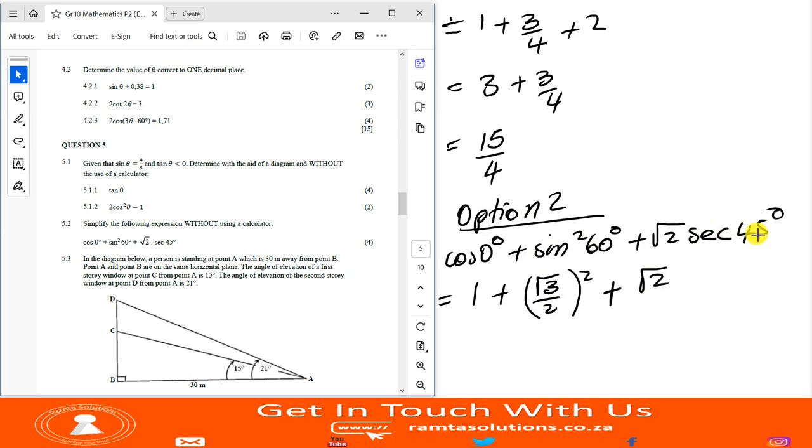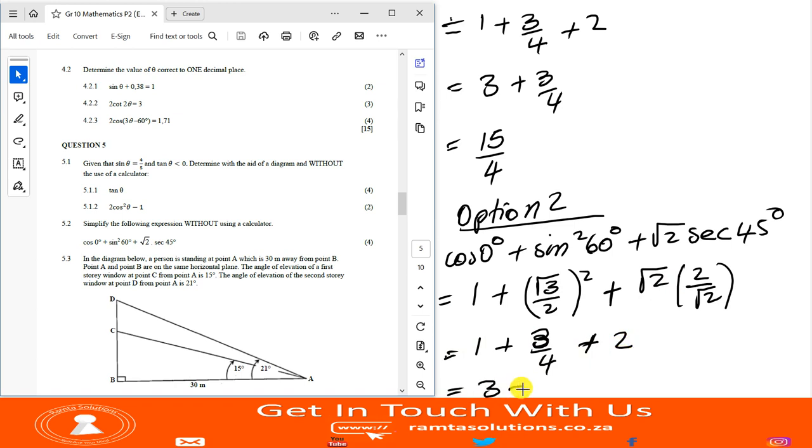Sec is the reciprocal of cos. So this will be 2 over root 2, because cos 45 is root 2 over 2, so its reciprocal is 2 over root 2. So we have 1 plus 3 over 4 plus root 2 cancels with root 2, you are left with 2.